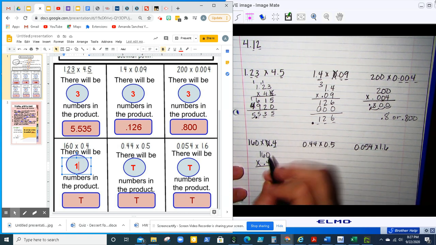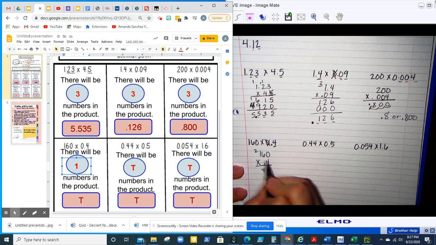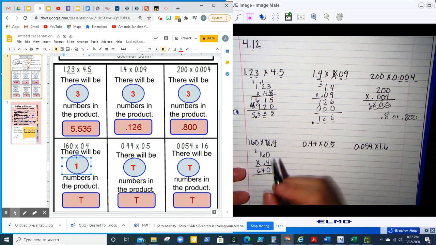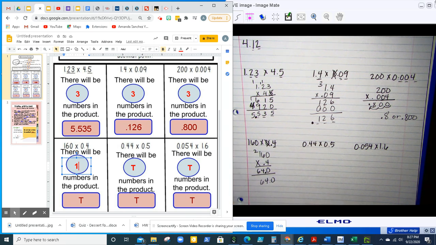And then multiply. 4 times 0 is 0. 4 times 6 is 24. 4 times 1 is 4, plus 2 is 6. And then I don't have to keep multiplying. That's my only value. And you should have one number behind the decimal. So 64. So you can have 64.0 or just 64.